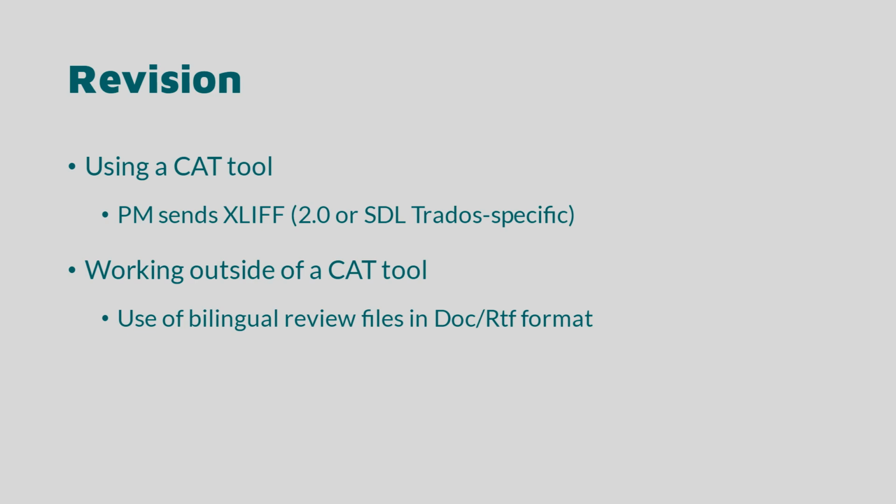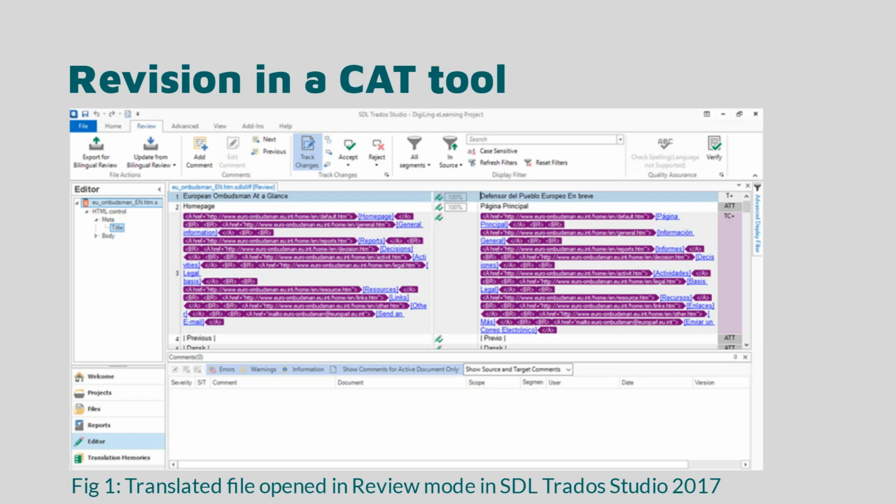Many CAT tools, including the cloud-based tools, use the XLIF 2.0 specification and are therefore able to import XLIF files created in other CAT tools. The SDL XLIF is more specific, so additional support for importing this more specific XLIF file is included with many other CAT tools.